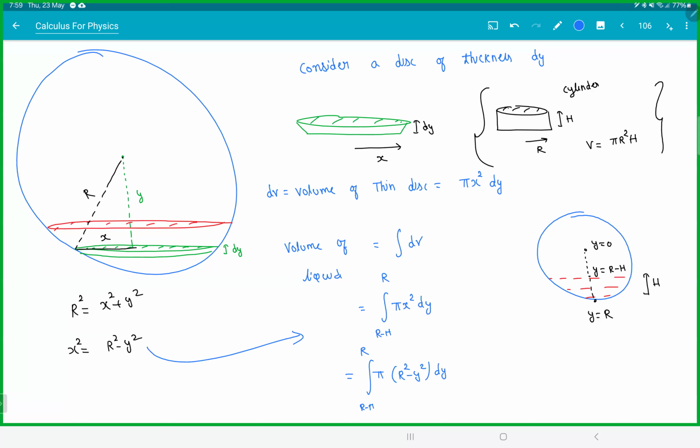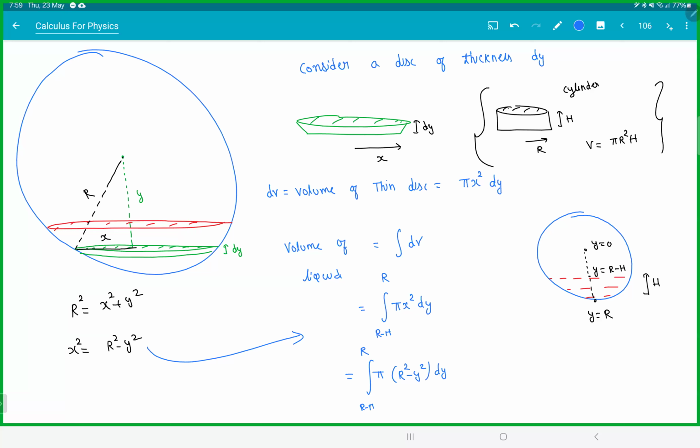Again, see how did I choose the element? At a depth y, I took a thin disk of thickness dy and radius x. So this thin disk is behaving like a cylinder whose volume is pi r square into h. In place of r, x is there, and in place of h, dy is there. If I add all these thin disks, it will add up to the liquid.